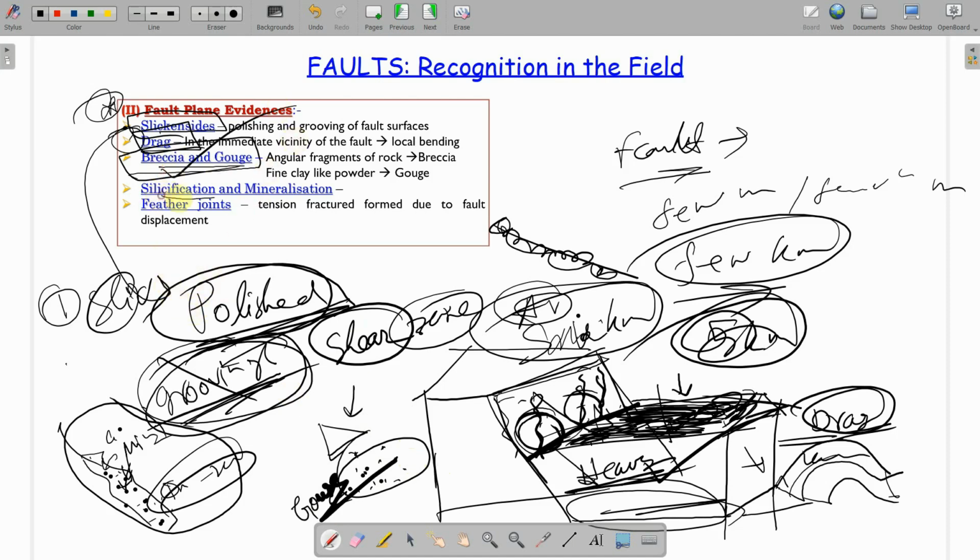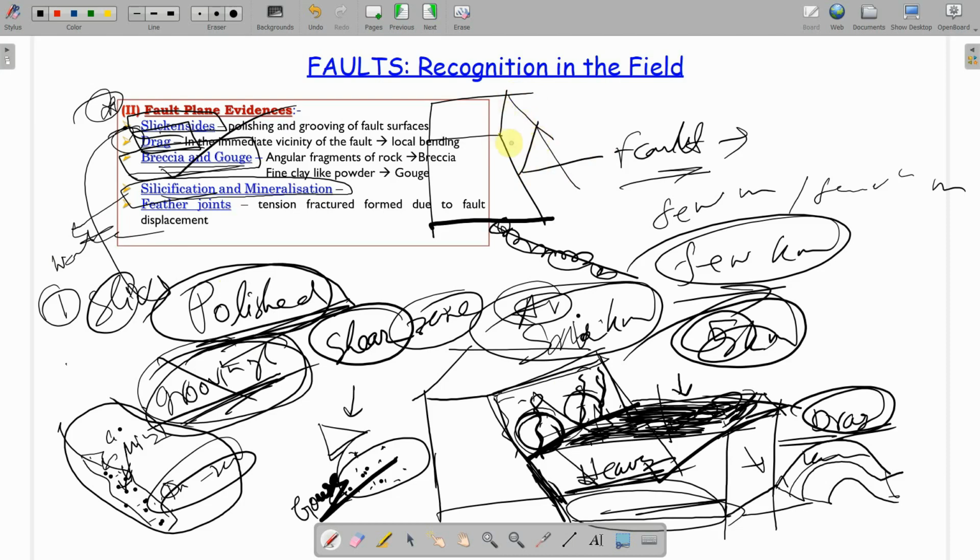Now for the silicification and the mineralization part, this is also very interesting, because here water comes into play. Suppose there is a fault plane. Here I have discussed that there is no gap in between. It may look like that, or let's say there is a net slip. Consider an oblique fault to understand this point.